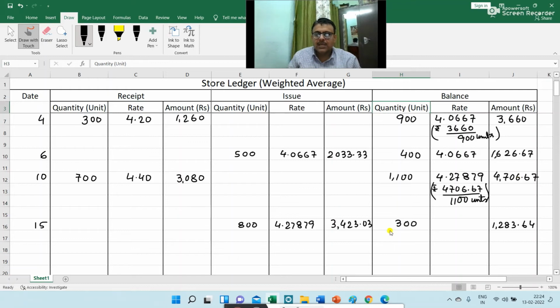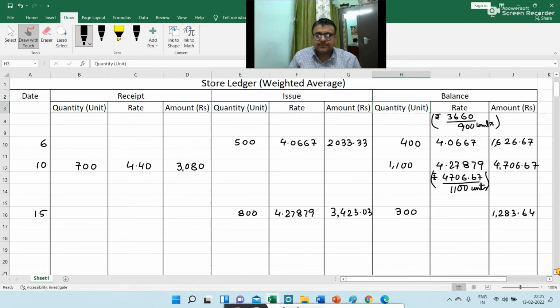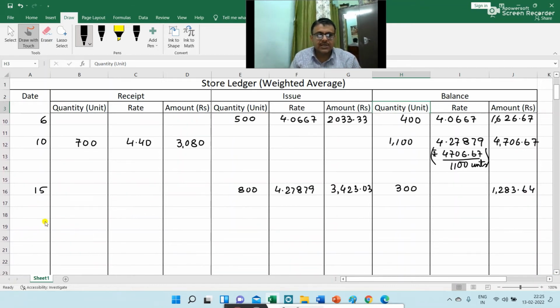You can simply subtract 3,423.03 from 4,706.67. You will get 1,283.64. Now you need to find out the rate. The rate will be the same, that is 4.27879, because there was no addition.